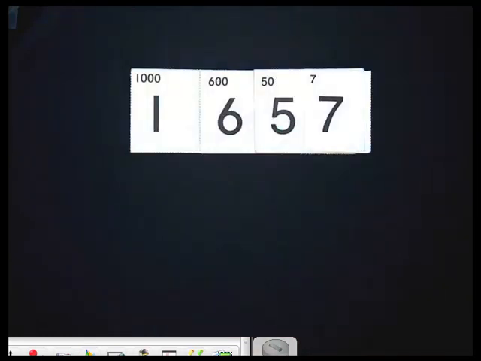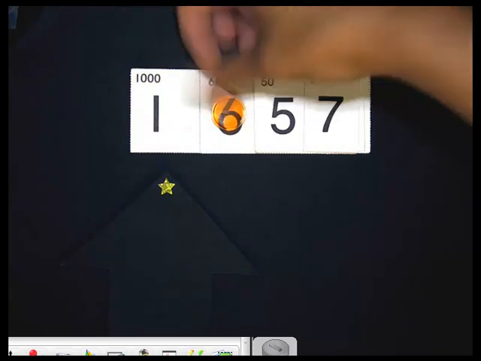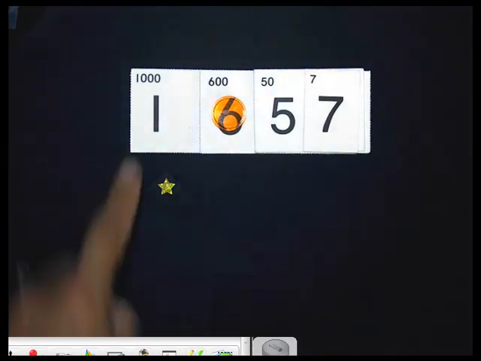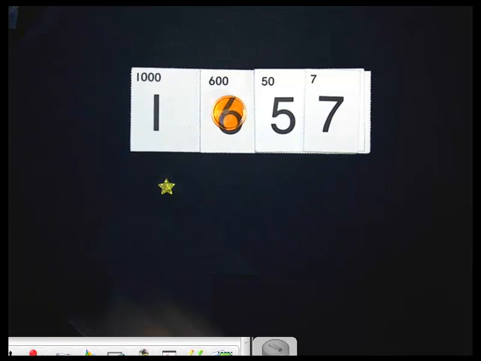In this model, we have 1,657. We're going to round this one to the nearest thousands place, and I know this is my thousands place. So I'm going to look next door at the hundreds place, and I see that there's a 6, and so the 6 tells me that I need to actually round the place up. So the next number from the 1 would be the 2.